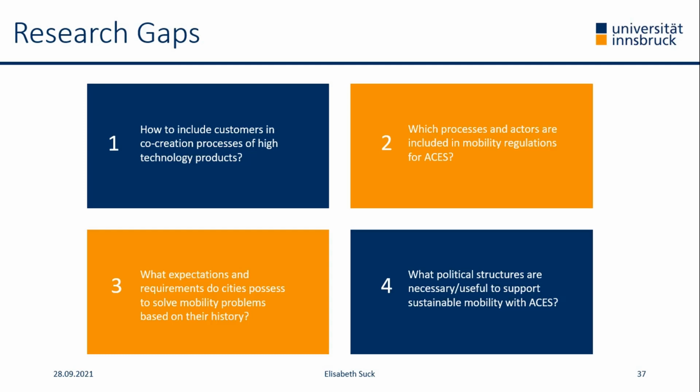Others said it is important to solve the problem with innovation and not with regulation. So is it really possible to have democratic structures or market structures, or what is needed here for the best way? Yeah. So that was the last point.